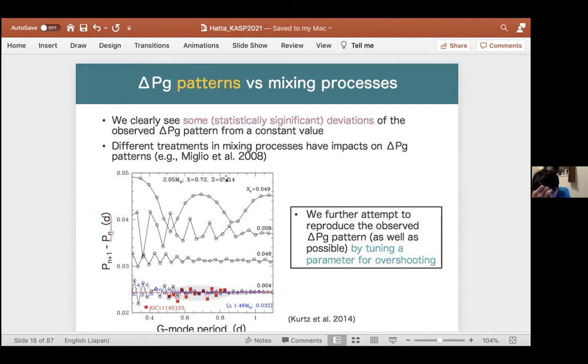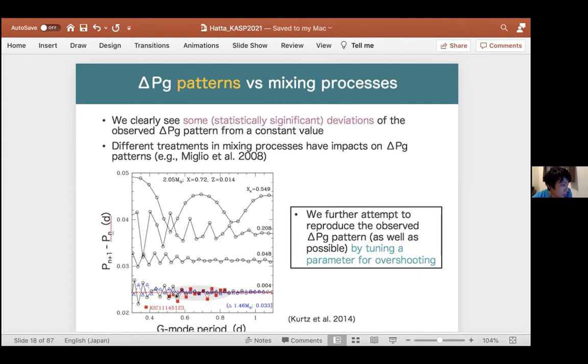In this study, we tried to do more. Here's a point. We clearly see some statistically significant deviations of the observed delta PG pattern from a constant value. Actually, the observational uncertainties are very small; the error bars cannot be seen in this plot.